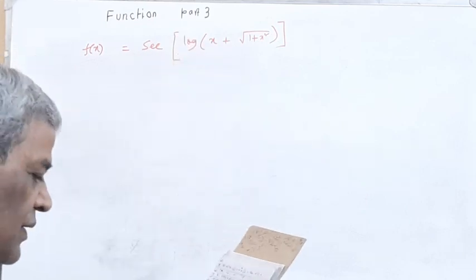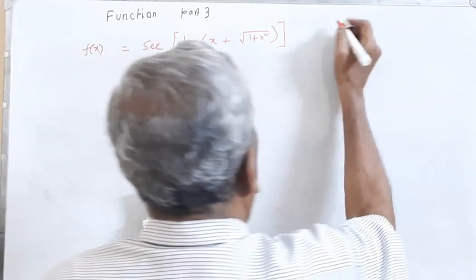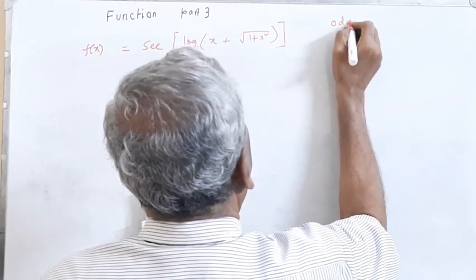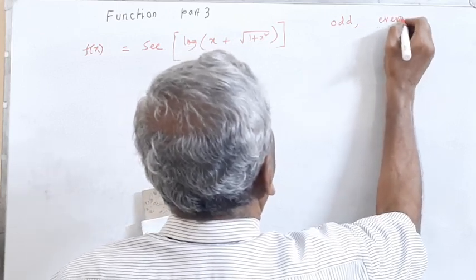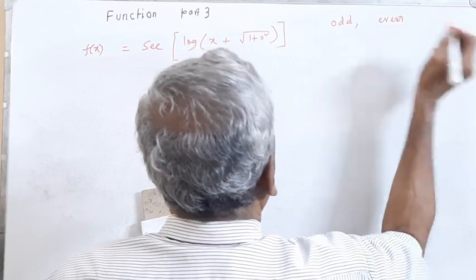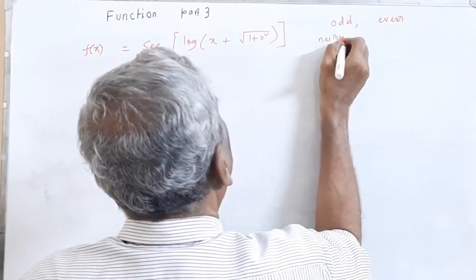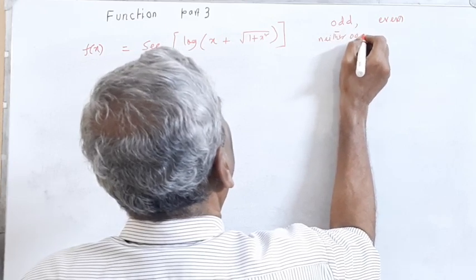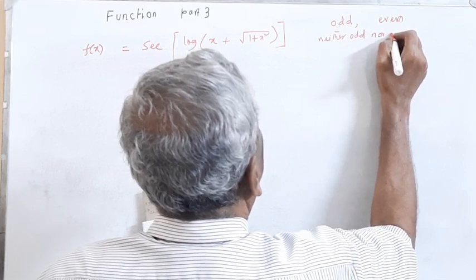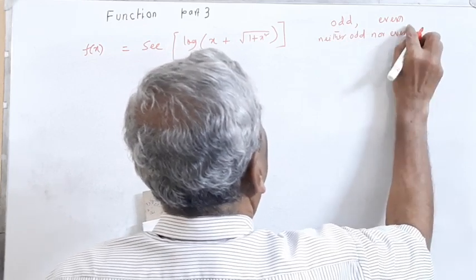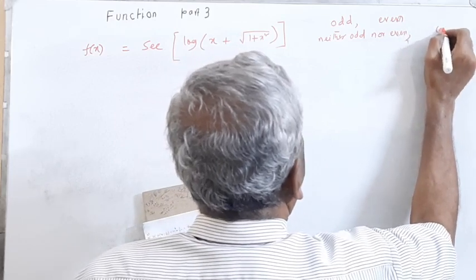Now this function f(x) is, the options are: odd function, even function, next neither odd nor even, and the last one is constant function.